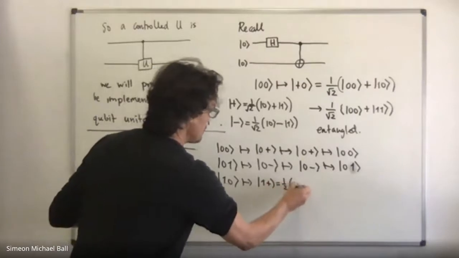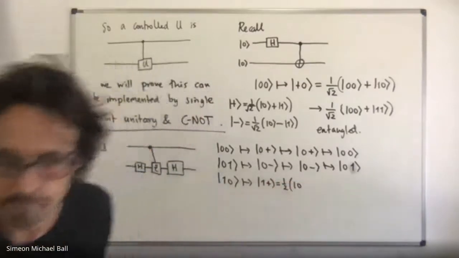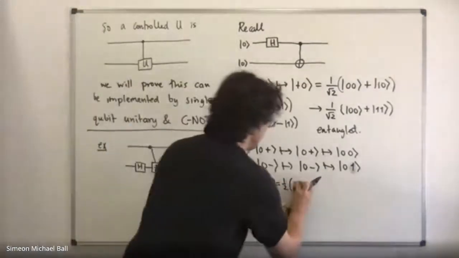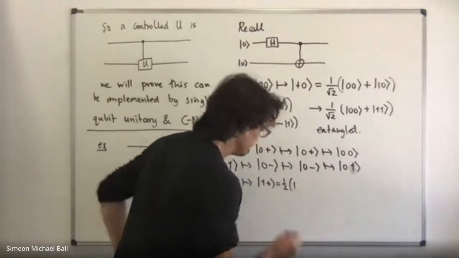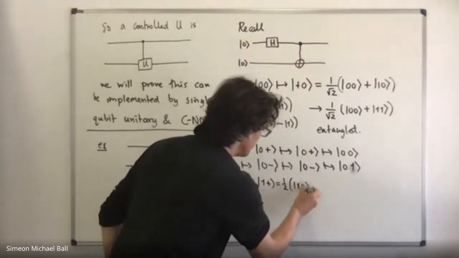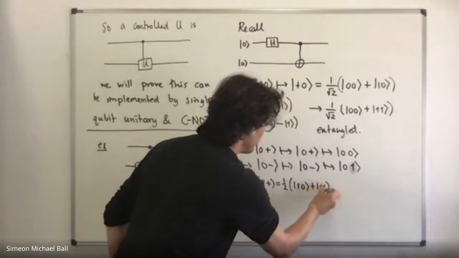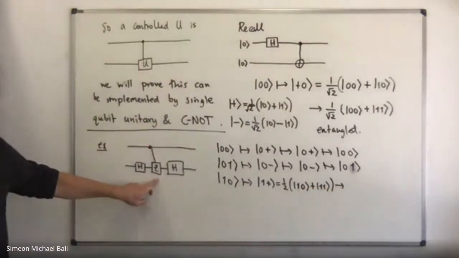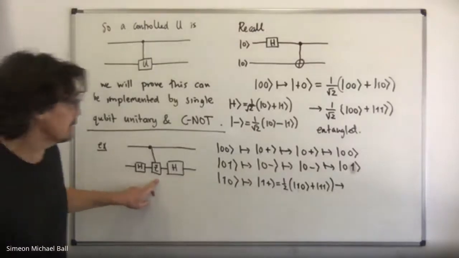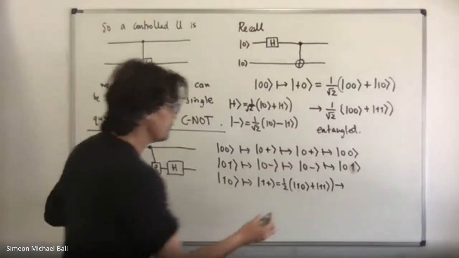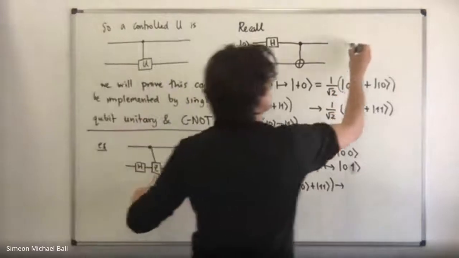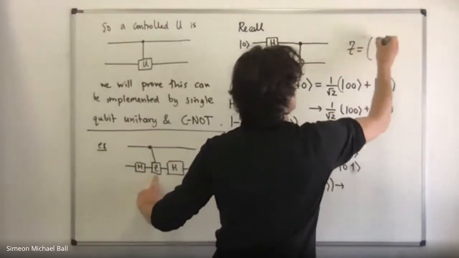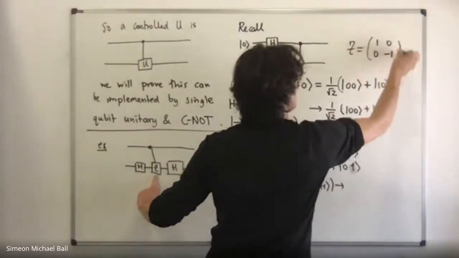This is 1,0. That's 1,1. And now this Z does come into play because I have a 1 in the first. And what it does, the Z, well, if you recall, Z is matrix 1,0,0,minus 1.